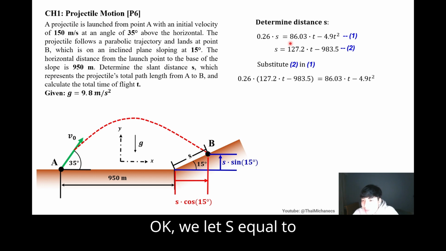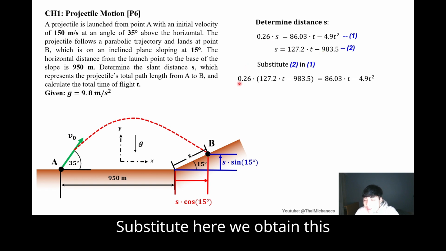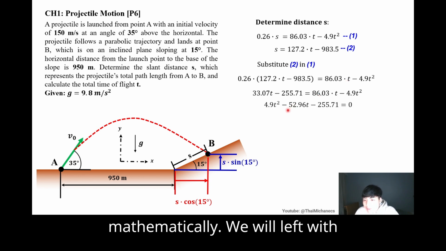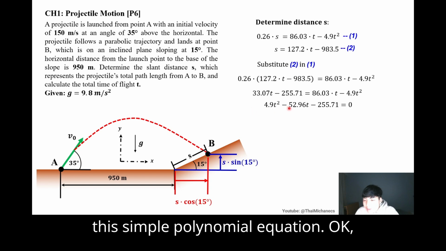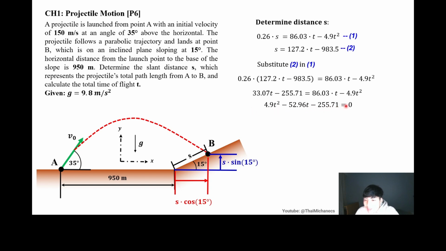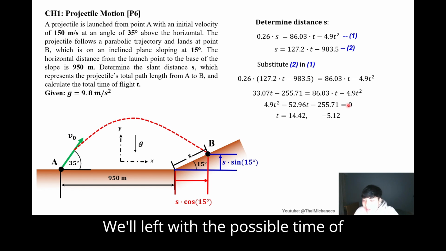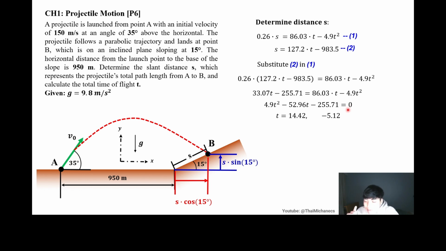We let s equal this t term, substitute here, and we obtain this polynomial equation. Rearrange it again mathematically and we are left with this simple polynomial equation. Use your favorite calculator, and we are left with two possible values of time.